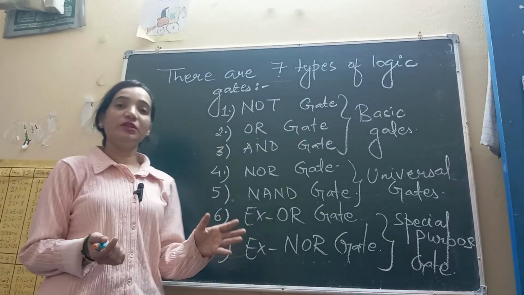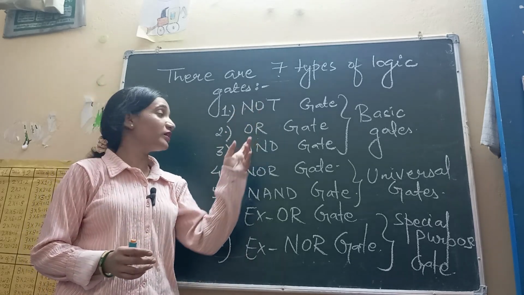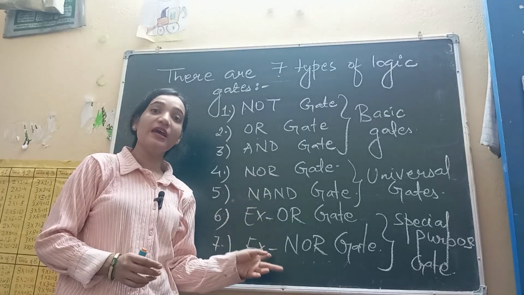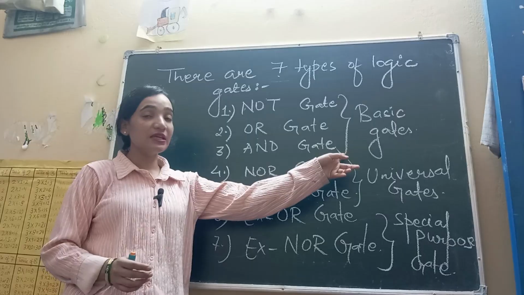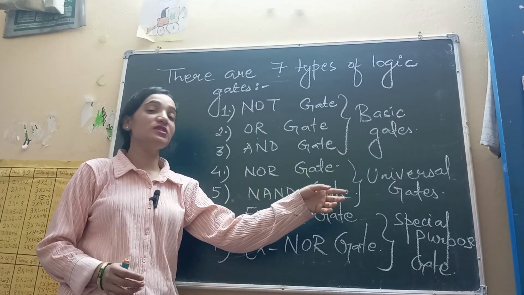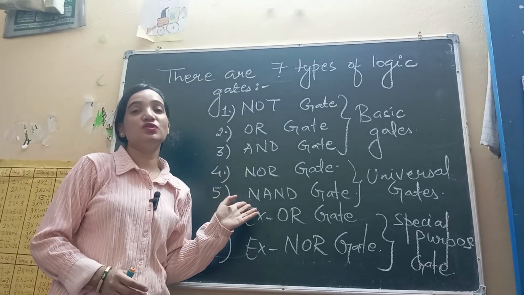Let us have a quick revision. We are going to read about the seven types of gates: NOT gate, OR gate, AND gate, NOR gate, NAND gate, XOR gate and XNOR gate. NOT, OR, AND are the basic gates. NOR and NAND are the universal gates, because the other gates can be formed using these two.